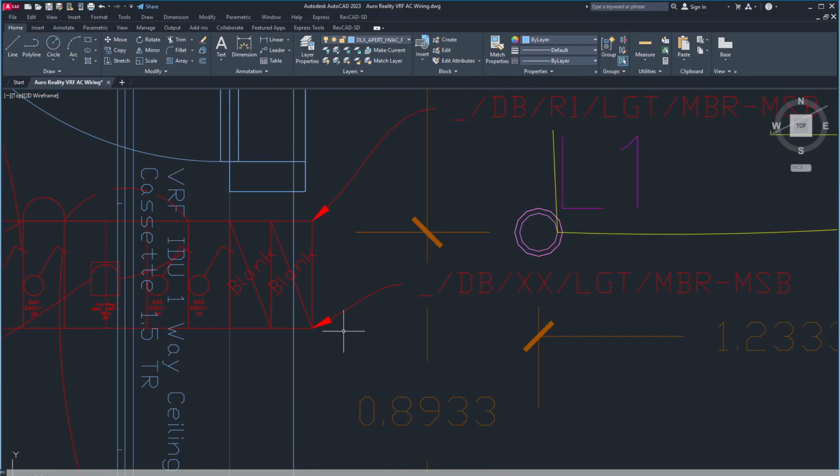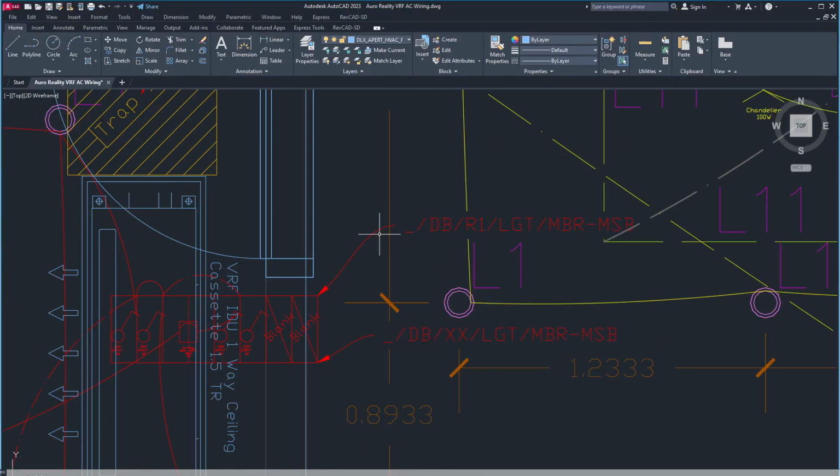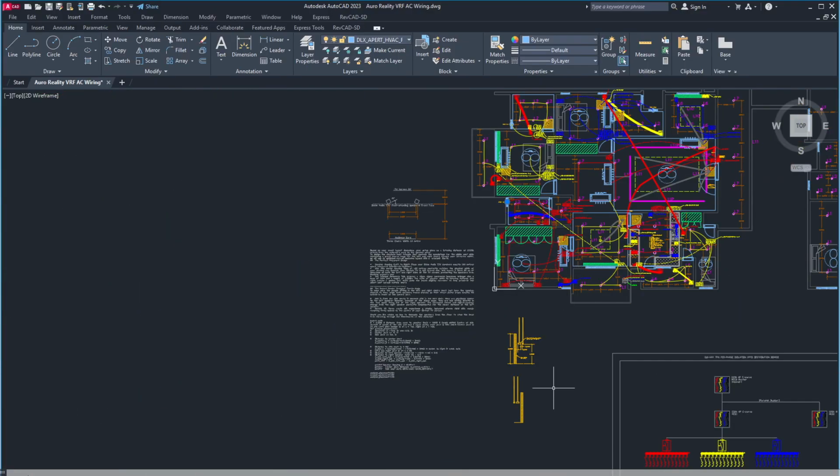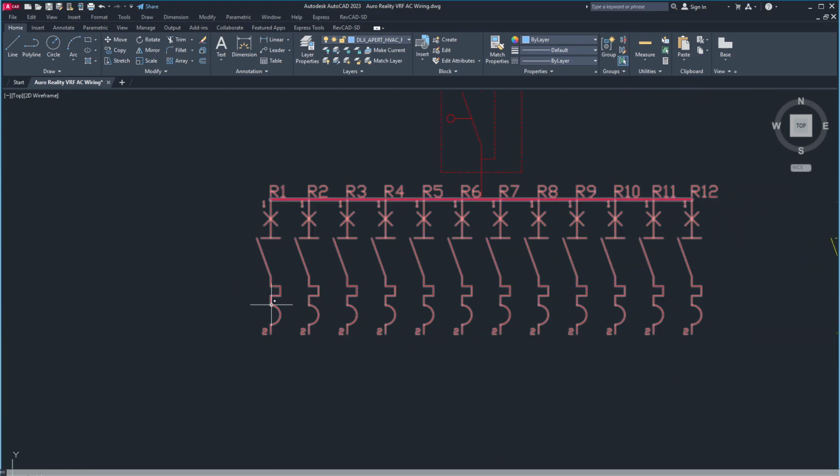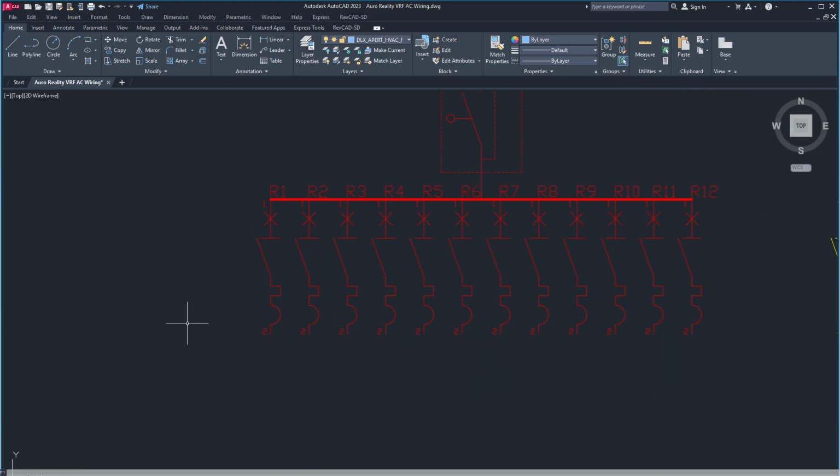And to this, the incomer is a 1.5 square mm wire which is coming from R1, the DB R1 lighting, master bedroom main switchboard. From here, a 1.5 square mm wire is going. What is this?